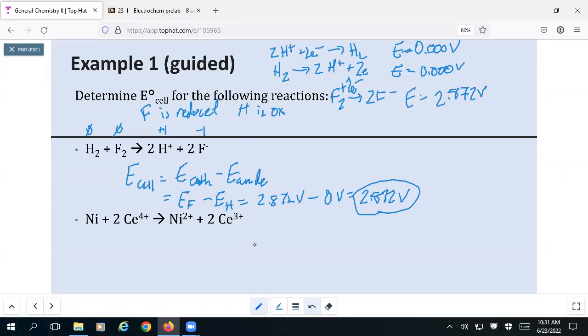Well, if I put those together, Hess's law style, I would get hydrogen plus fluorine plus 2 electrons makes 2 hydrogen ions, 2 electrons, and 2 fluoride ions. If I take out the electrons, that's the reaction I'm looking for. I just need to add together these two values. It's 2.872 volts.